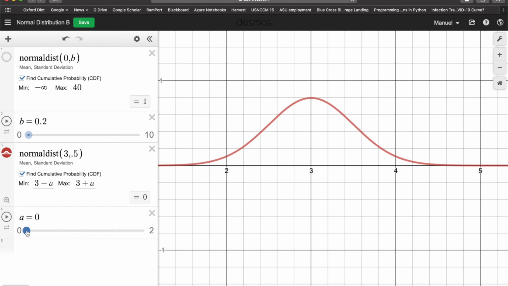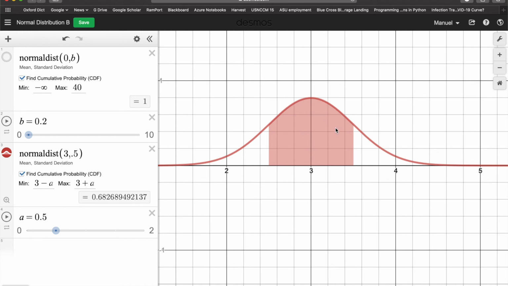So let's increase a to a value of 0.5. So I'm moving 0.5 in this direction and 0.5 in this direction. That's actually the standard deviation, 0.5.